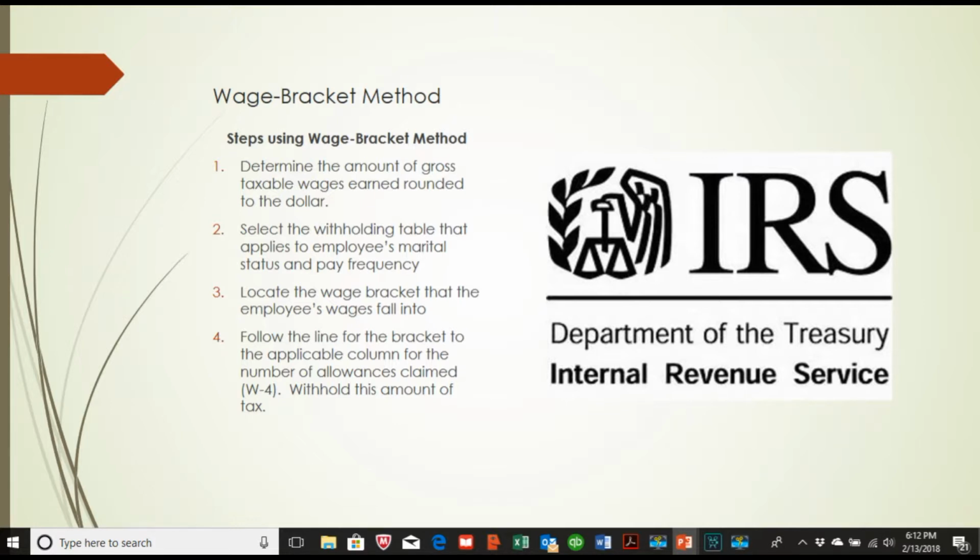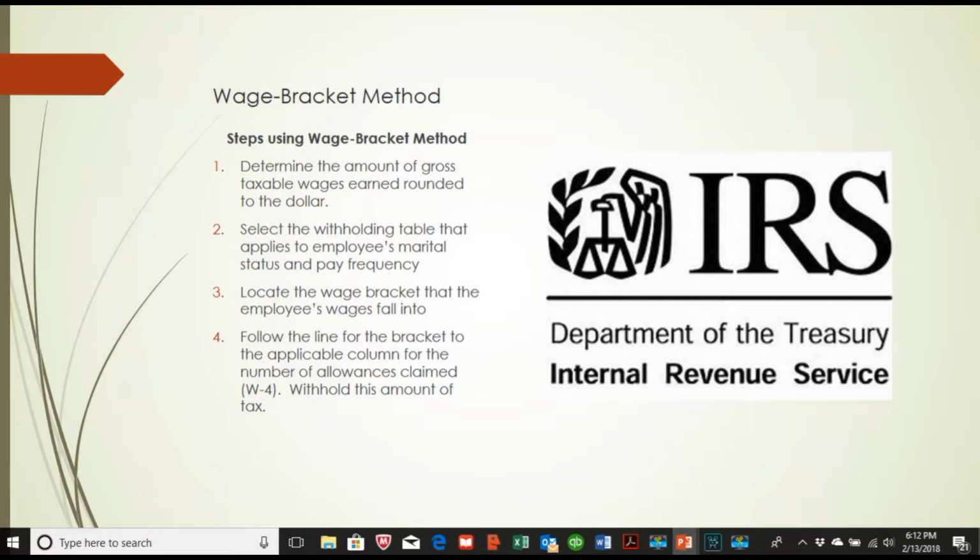So these are the basic steps using the wage bracket method. We determine the amount of gross taxable wages earned rounded to the dollar. We select a withholding table that applies to the employee's marital status and their pay frequency. Then we just locate the wage bracket that the wages fall into and follow that line over to the applicable column for the number of allowances that they claimed.